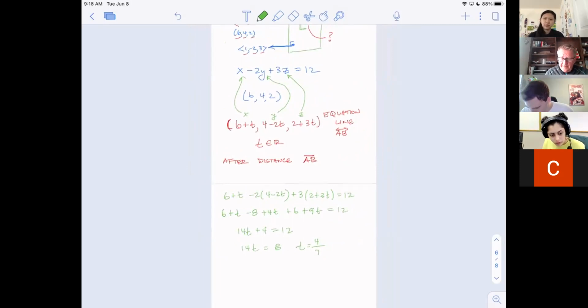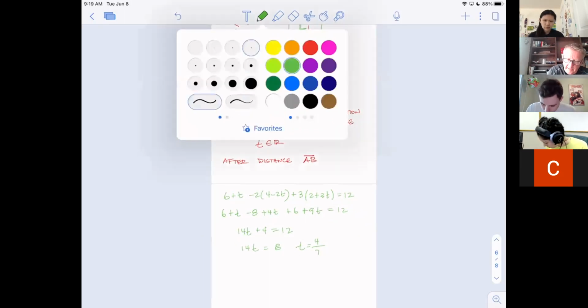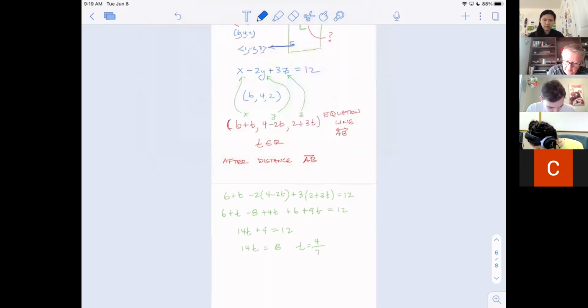So if I plug that in for t, I'm literally going to have the coordinates of this point B. I'm going to write this as a fraction. So B is equal to 6 plus t, so 6 plus 4 divided by 7, and to make it a single fraction, 46 over 7.